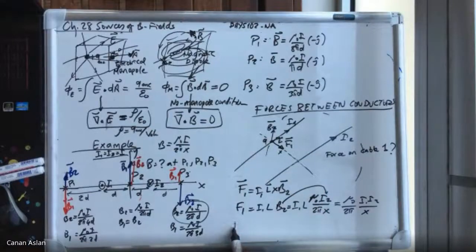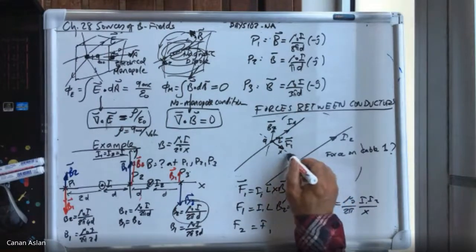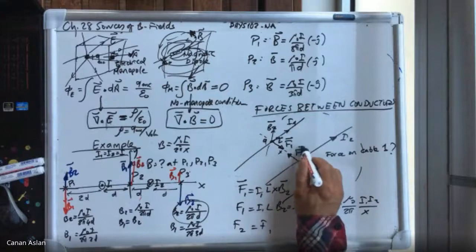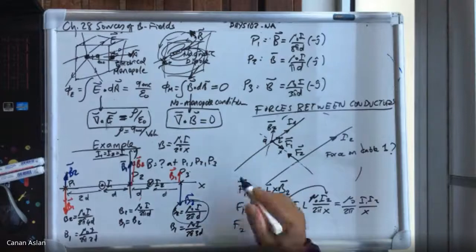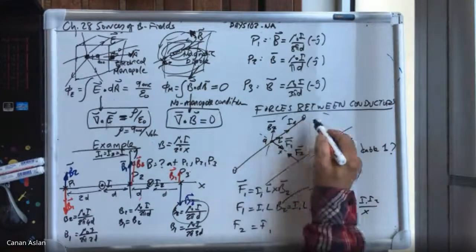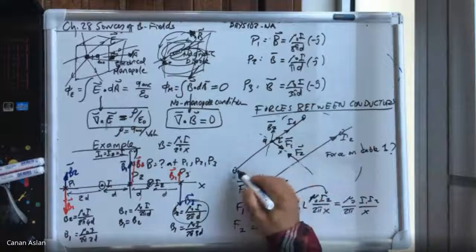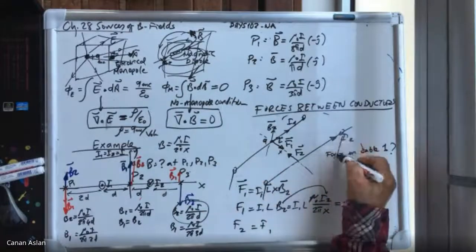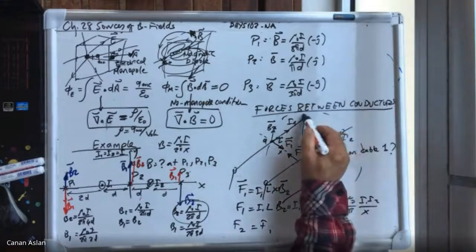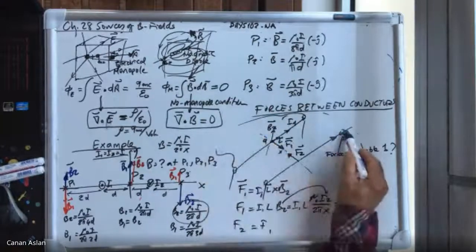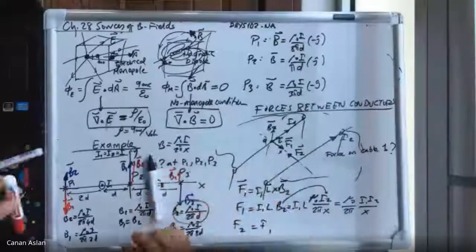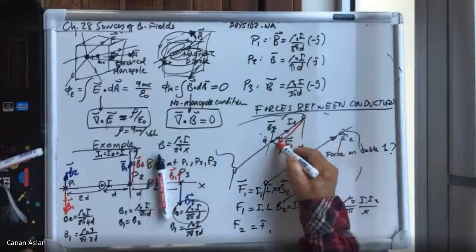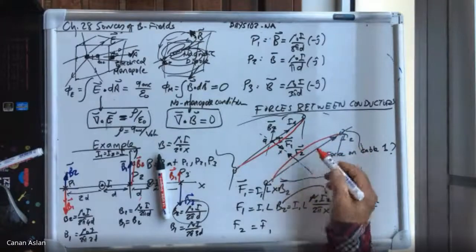But now, guess what? F2 will be exactly equal to F1, but in the opposite direction, of course. The direction will be different, but the magnitude will be the same. So basically, if you tie these cables from these points, or put some kind of plastic circles so that the current is supplied by some extra power supply, because of this force, the wires will come towards each other.